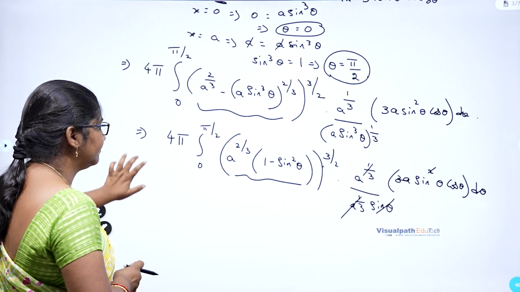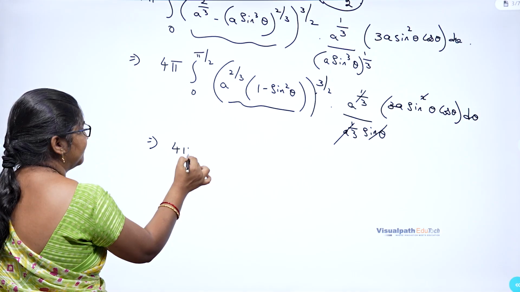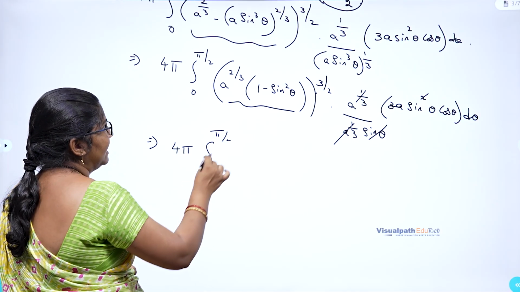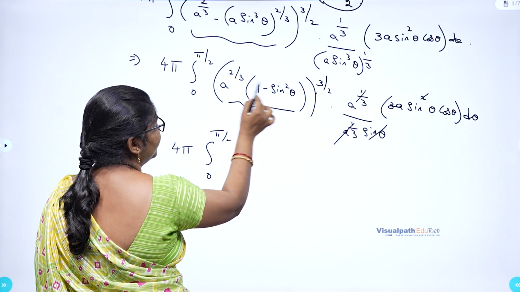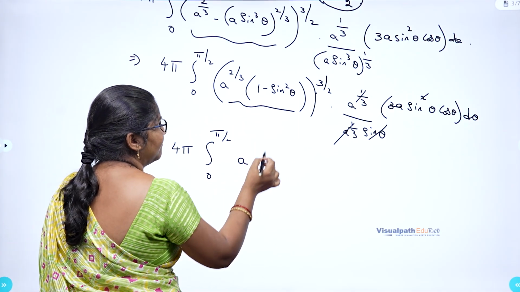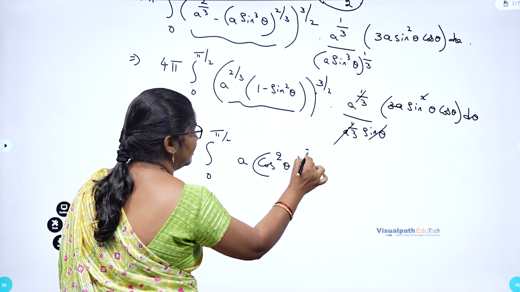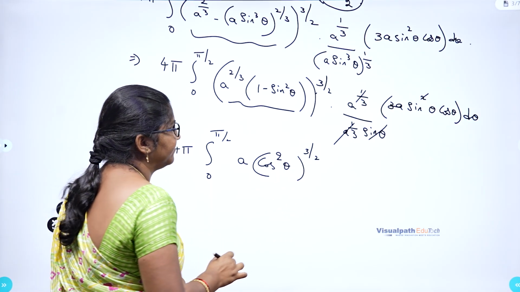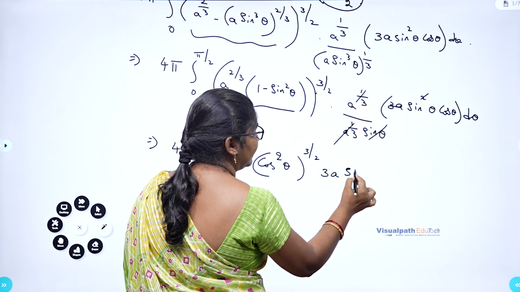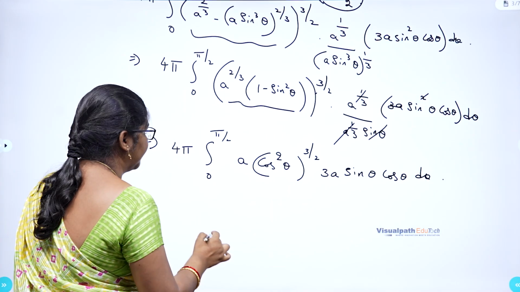Next, 4π, 0 to π/2. Here, a^(2/3) and power 3/2 will get cancelled, only a will remain. Here, 1 − sin²θ is cos²θ whole power 3/2. And we remain with 3a sin θ cos θ dθ.